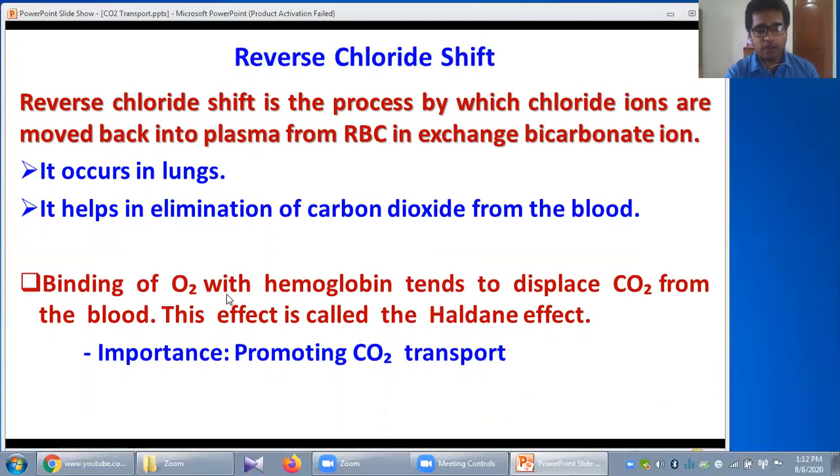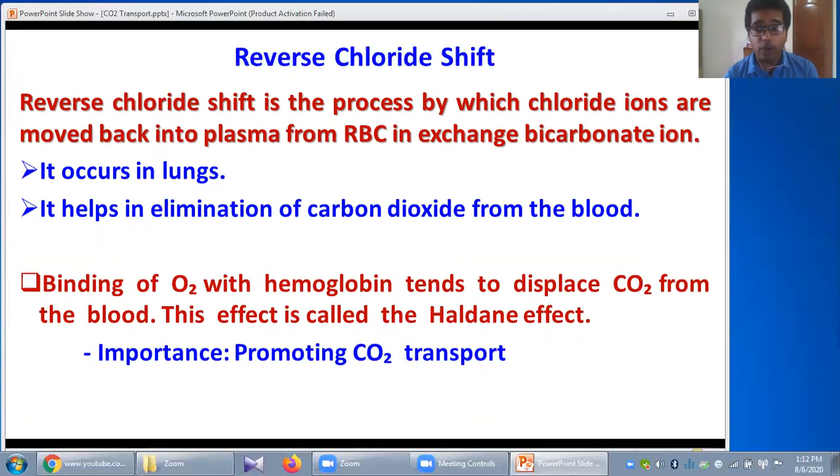The binding of oxygen with the hemoglobin molecule tends to displace carbon dioxide from the blood. This effect is called Haldane effect, and you have seen this Haldane effect helps to promote the transport or elimination of carbon dioxide from the blood. While at the tissue level, this Bohr effect promotes the oxygen delivery, or transport of oxygen, to the tissues.